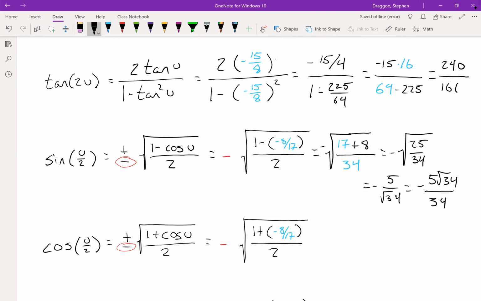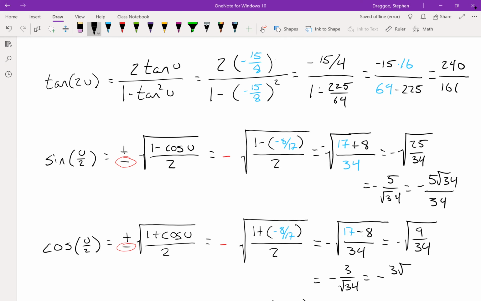Looking at a similar simplification process for cosine of u over 2, we'll have the square root of 17, this time minus 8, divided by 34, which is negative square root 9 over 34. So negative 3 over square root 34, which rationalizes to negative 3 root 34 over 34.